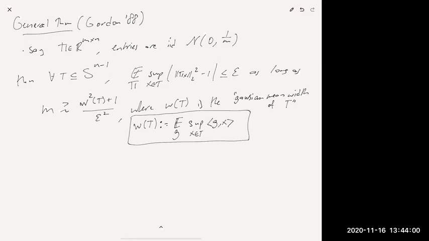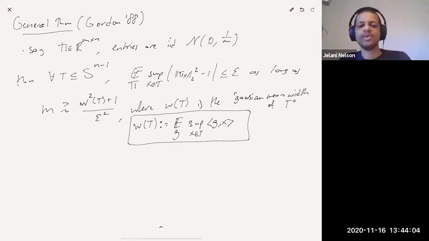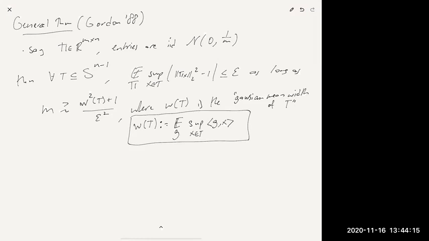Sorry, what is S? Oh, I just mean the unit sphere. So S^(n-1) is the set of all vectors in dimension n that have Euclidean norm exactly 1. Okay, I see.